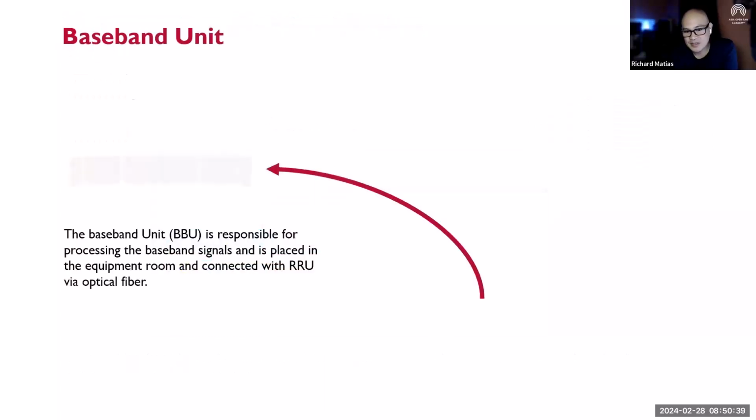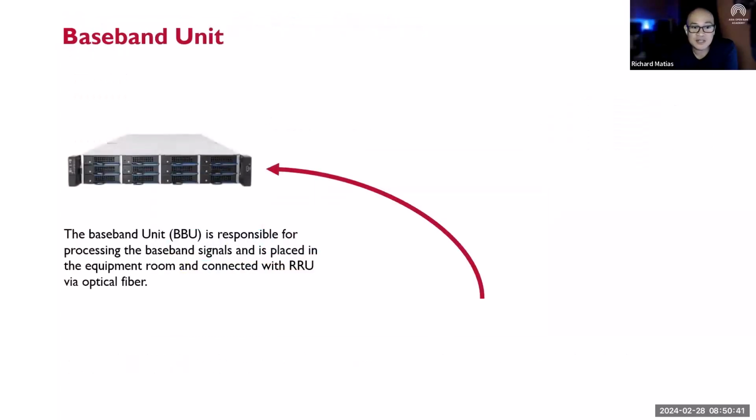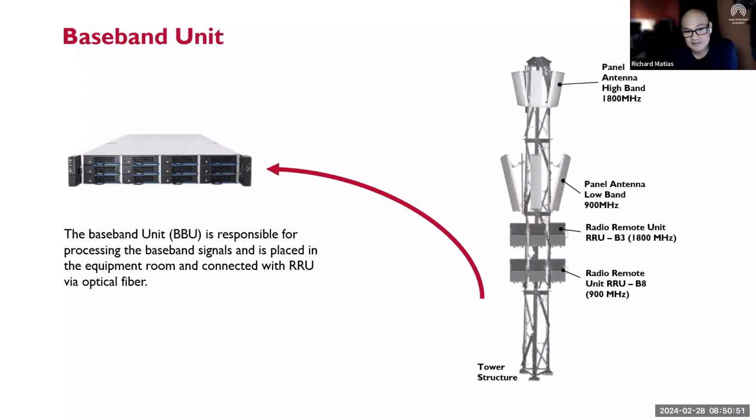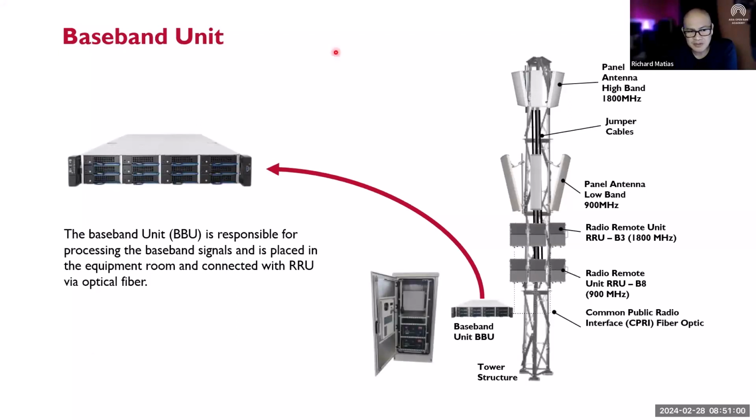The baseband unit, as I mentioned, is the one responsible for processing the baseband signals. Most of the time, this is placed in the equipment room and connected with the RRU with a fiber optic cable. If you look at one cell site today, you cannot see the baseband unit, because most of the time it is located at the bottom of the tower, and there is a fence, no?